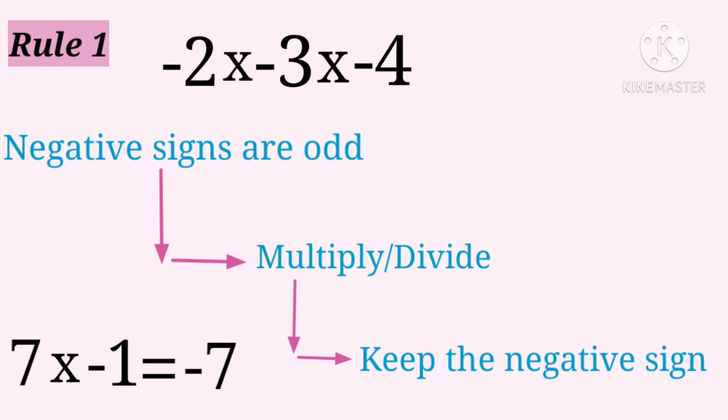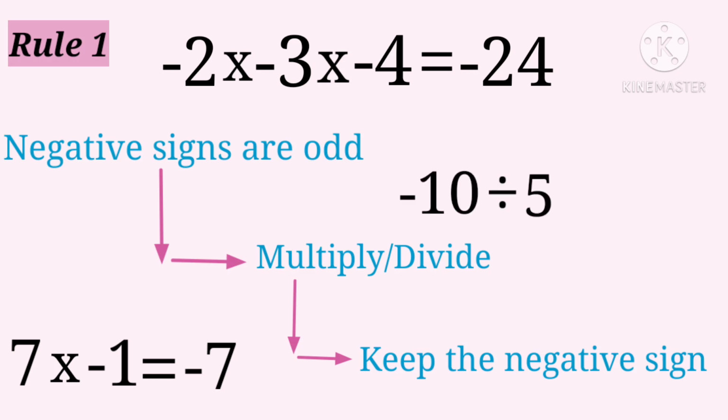Negative 2 times negative 3 times negative 4 will then result in negative 24. And it's the same for division. So if we have negative 10 divided by 5, we simply find the quotient of both numbers and keep the negative sign since we have an odd number of negative signs. Negative 10 divided by 5 will result in negative 2.